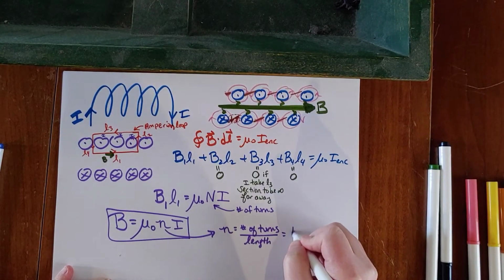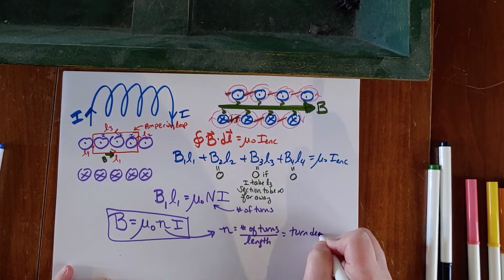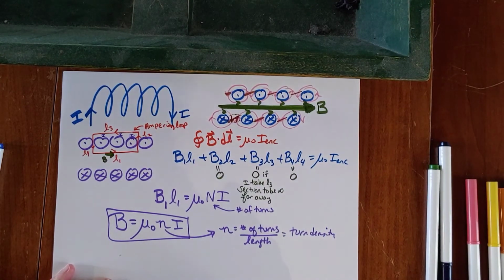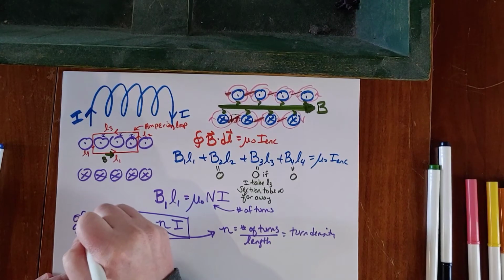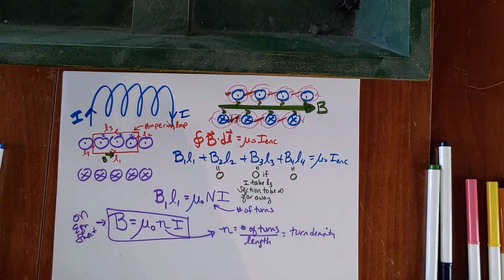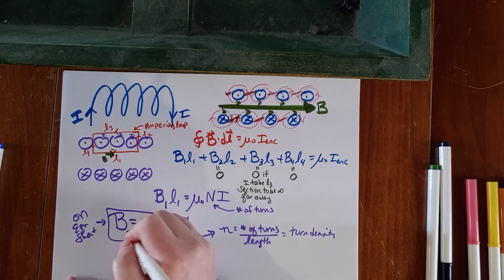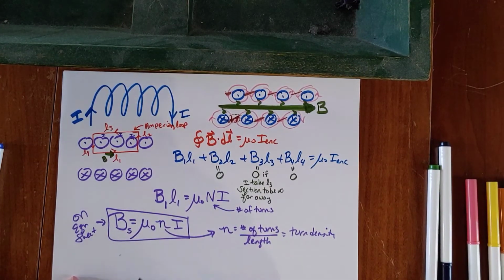It's kind of like a turn density, if you will. Okay? But this guy is on your equation sheet. So that's useful. And it actually says B sub S for B of the solenoid.